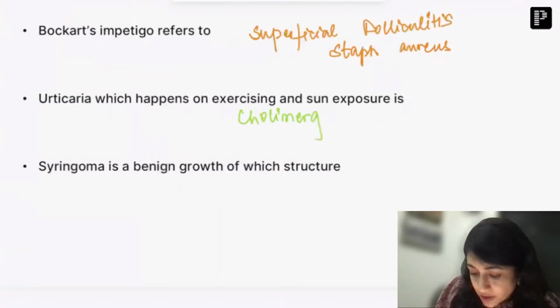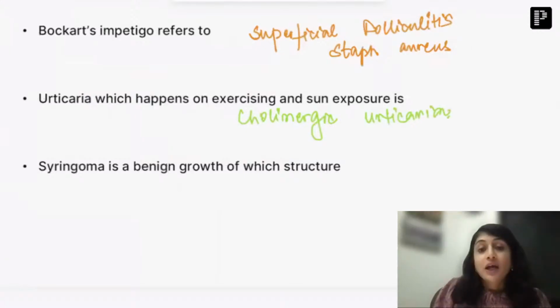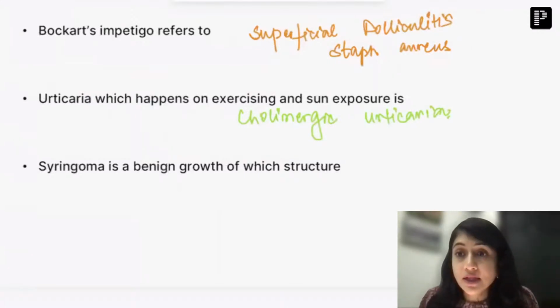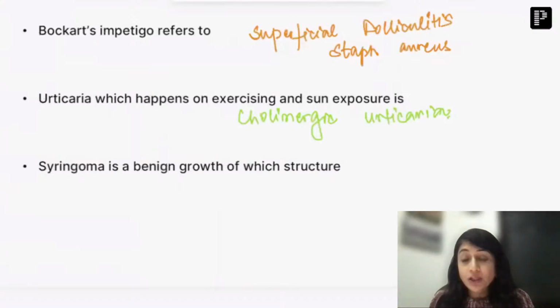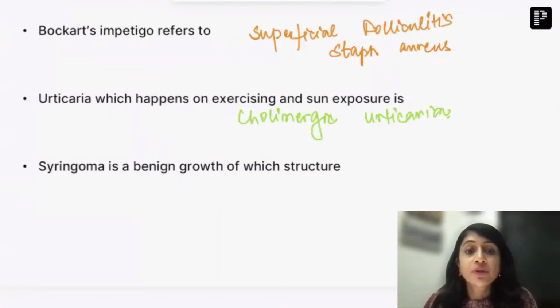So cholinergic urticaria is a type of chronic urticaria which happens on exercising and sun exposure, because in that there is increase in core body temperature leading to increase in cholinergic secretions, leading to something which we call as cholinergic urticaria. Right? Great.